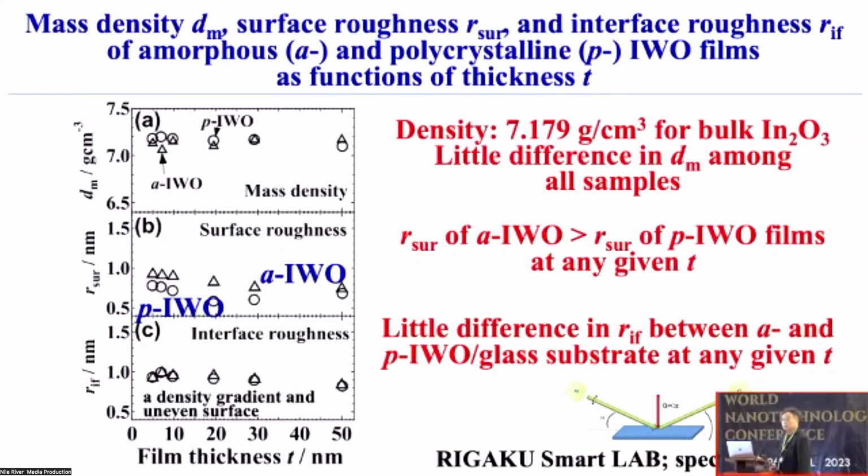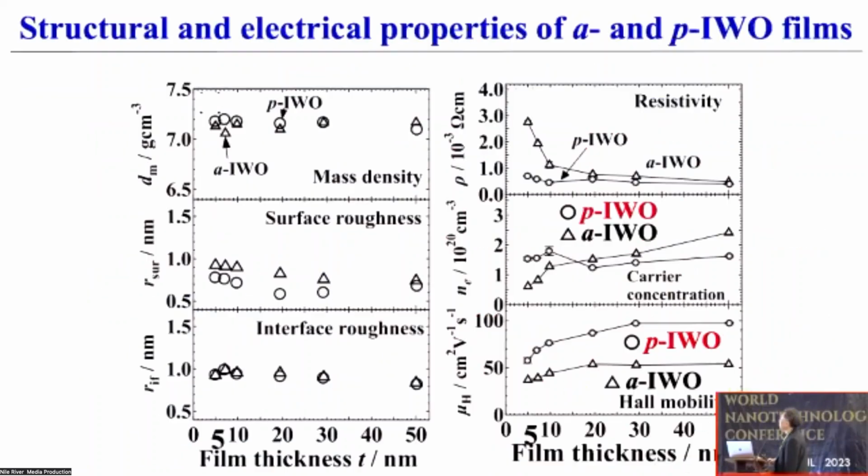On the other hand, very interesting results: the surface roughness of polycrystalline IWO films is lower than that of amorphous IWO films at any given film thickness. This will be discussed later.